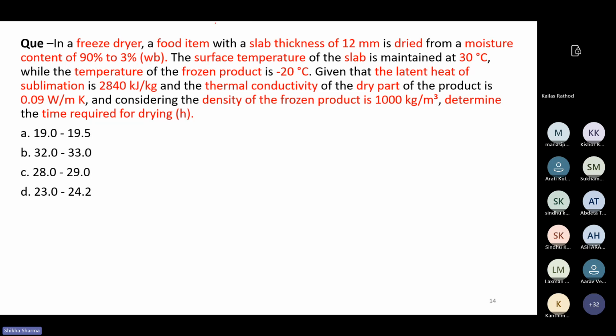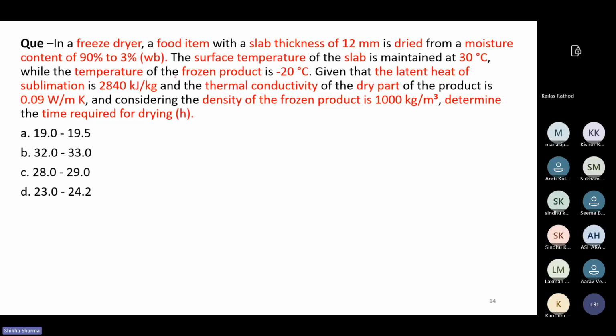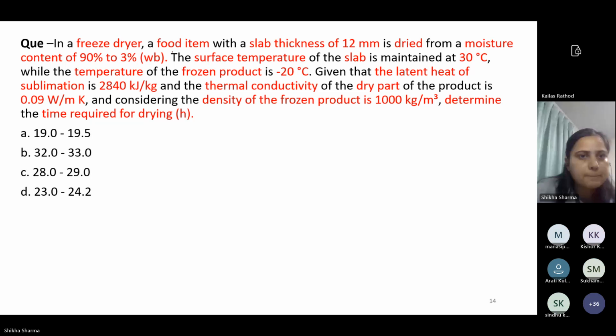Okay, so next is our numerical question. Let's solve it, everyone please try to solve with me. In a freeze dryer, a food item with a slab thickness of 12 mm is dried from a moisture content of 90 to 30 percent wet basis. There is a slab of food like this.